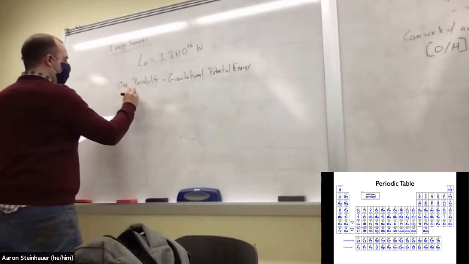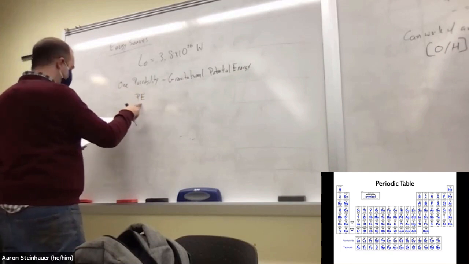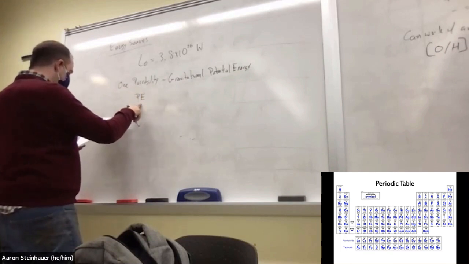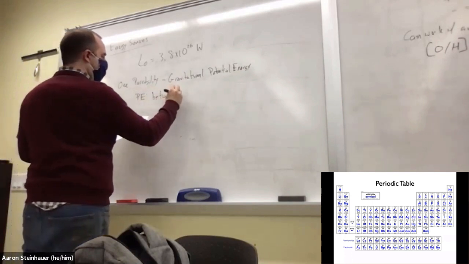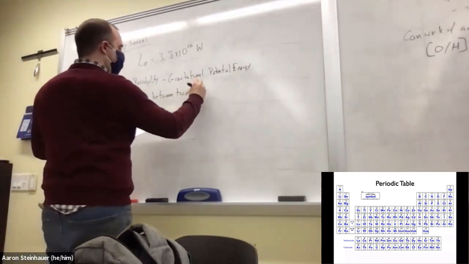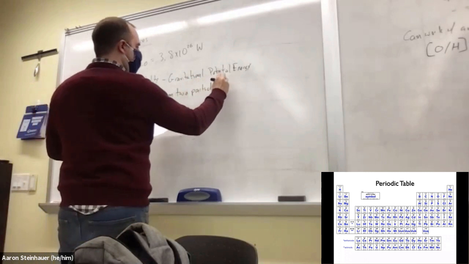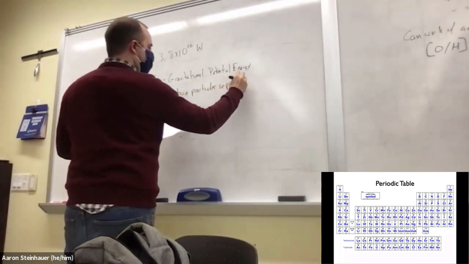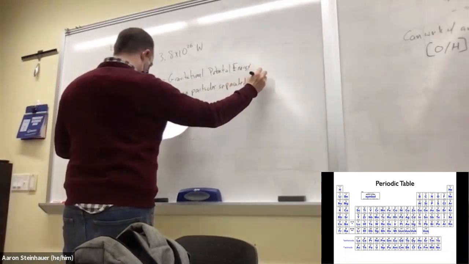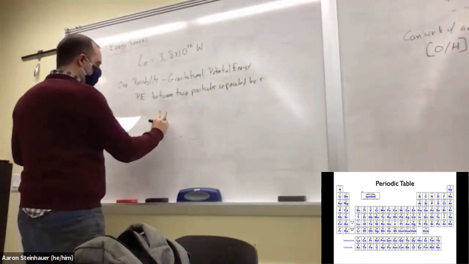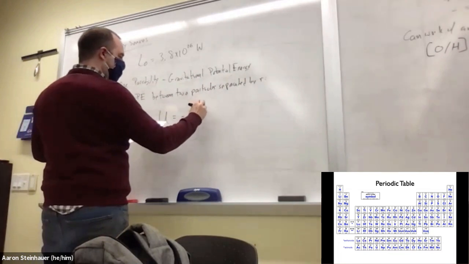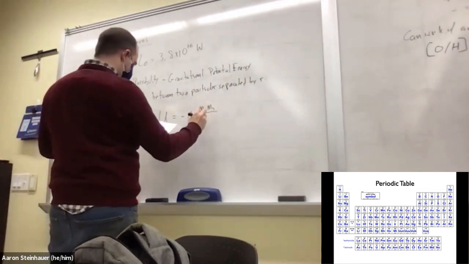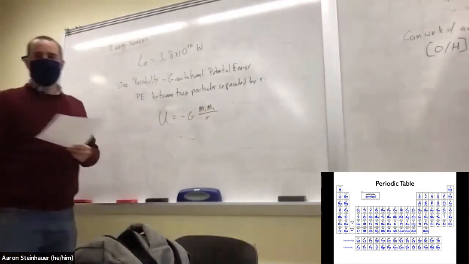So to remind you, the gravitational potential energy between two particles separated by r, we usually call this U, and it's negative G times the mass of the first particle times the mass of the second particle divided by r.